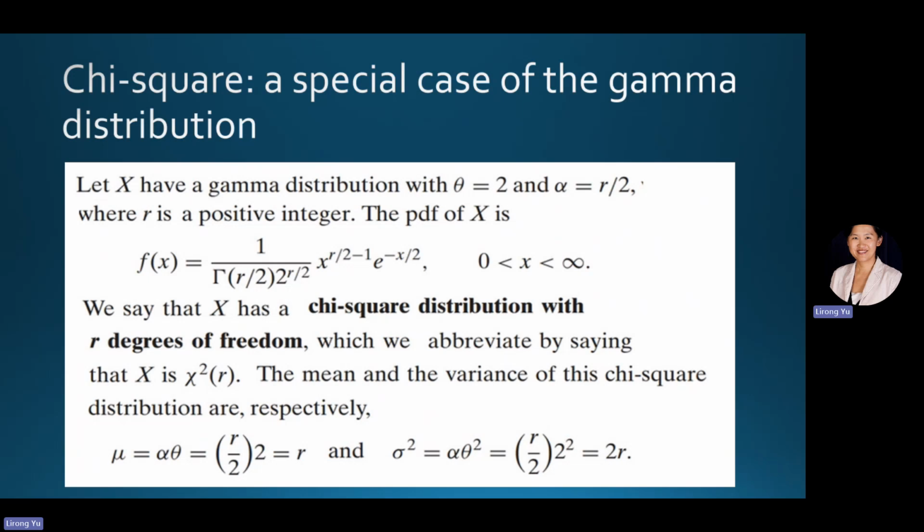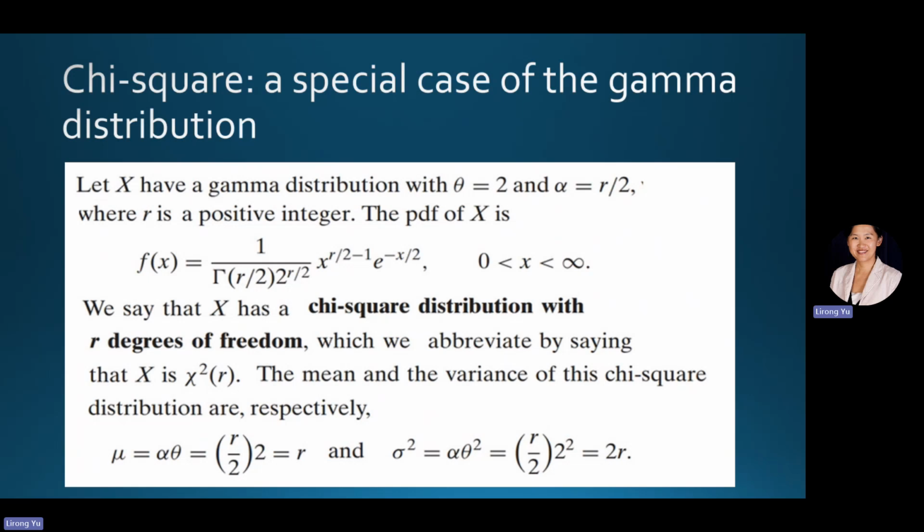And alpha equals r over 2. When we do this, one benefit is that you multiply theta with alpha, 2 times r over 2, equals r. So the mean for a chi-square distribution equals r. The variance equals alpha times theta squared.